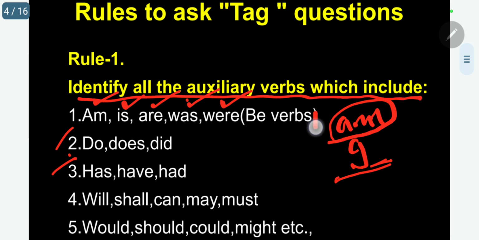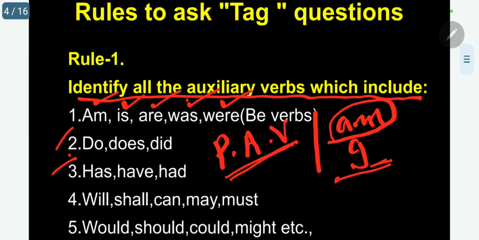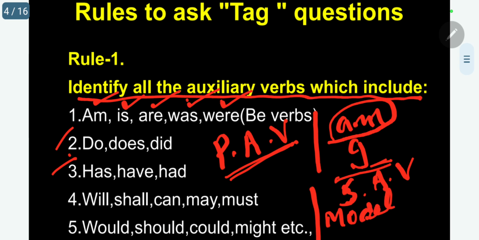So these first three, 1, 2, 3, we'll call primary auxiliary verbs. Please follow. The remaining two, 4 and 5, are called secondary auxiliary verbs. The secondary auxiliary verb is also known as a modal verb.